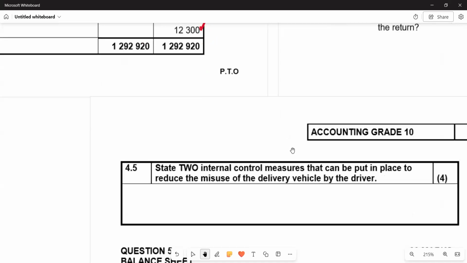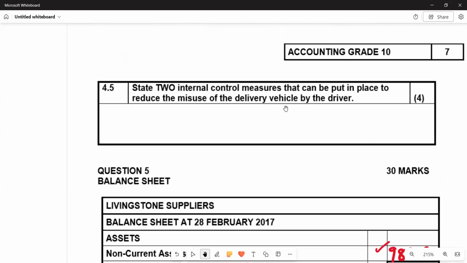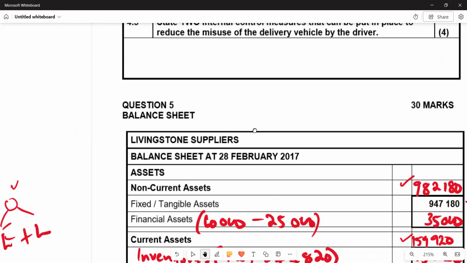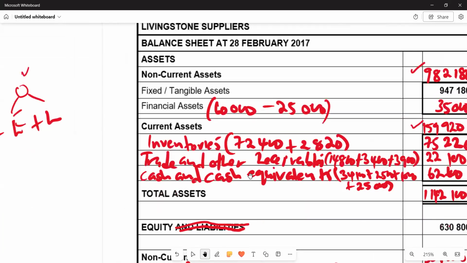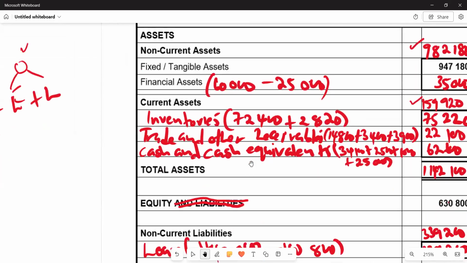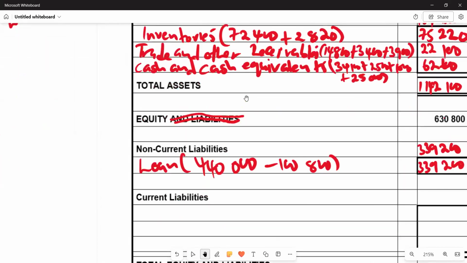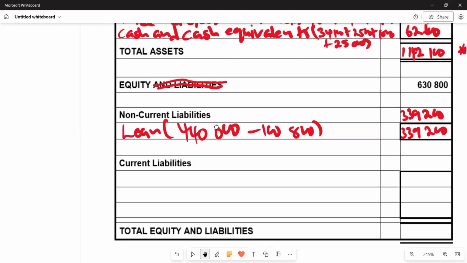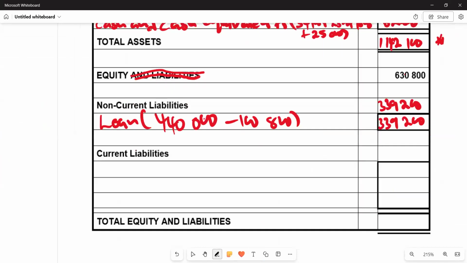So we come here. Right, we are here. So we are saying trade and other payables.